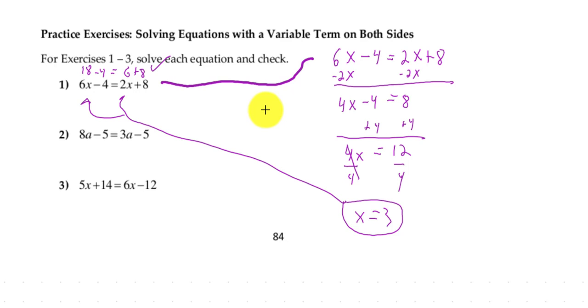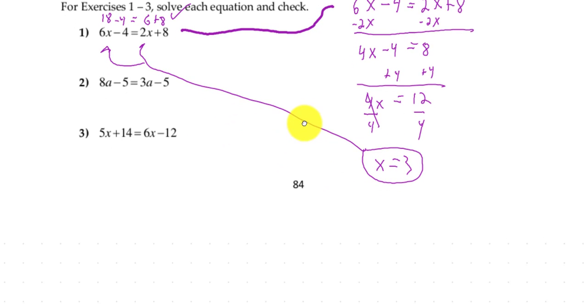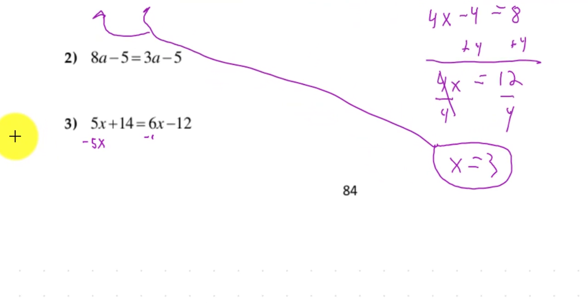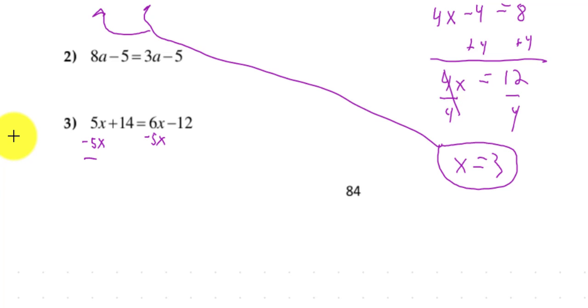Let's try one more problem on this page. I'd like to do number 3. Again, you'll notice I have variables on both sides of the equal sign. This time maybe I'll subtract 5x from both sides. I could have subtracted 6x from both sides. It doesn't matter which way I go.